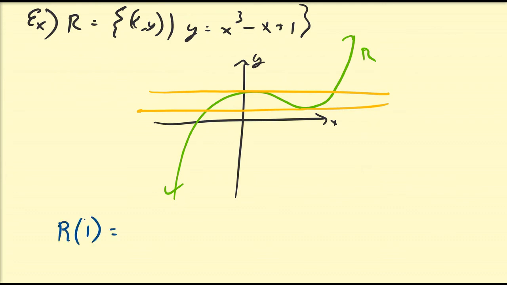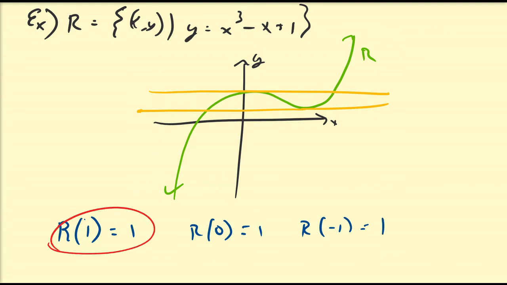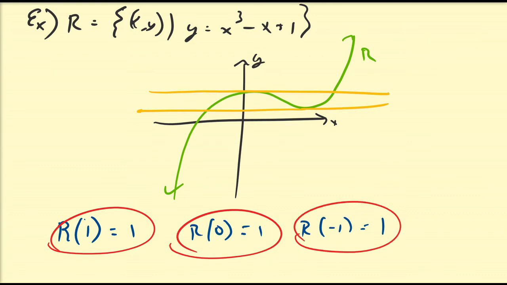R of 1 is going to be equal to 1 minus 1 plus 1, which is equal to 1. We can also have R of 0, that's going to be equal to 1. And we also have R of minus 1, and you can find out that that's going to be equal to 1 as well. So R of 1, R of 0, R of minus 1 all go to 1.